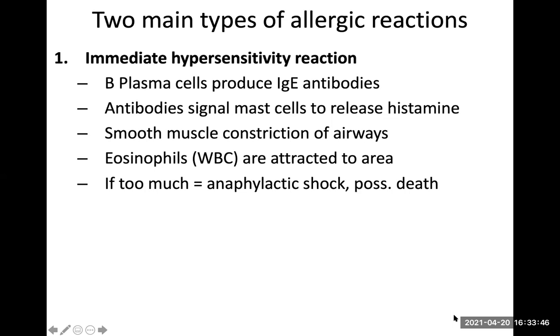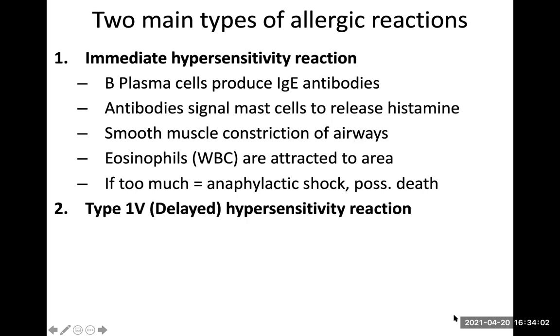But plenty of us have hypersensitivity reactions that are really just upper respiratory, nose, eyes, and then you just take something like Claritin.